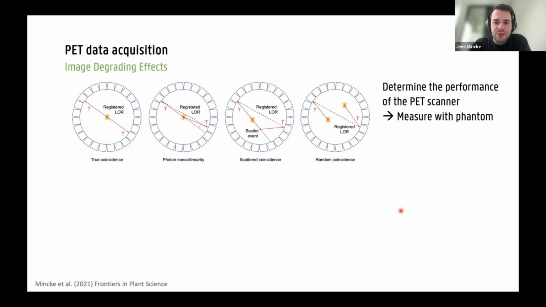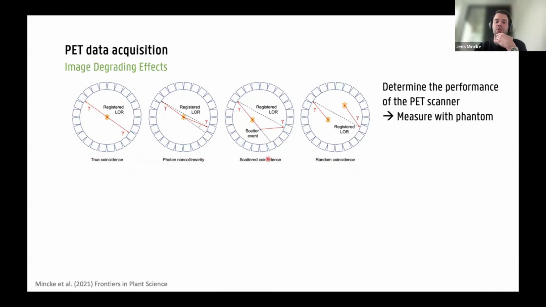Then other things to take into account are image degrading effects. In the ideal world, our tracer decays and 2 gamma rays are emitted that travel 180 degrees opposite to each other, which is called a true coincidence. But there are a number of image degrading effects like photon non-collinearity, scattered coincidence, and random coincidence, which all degrade your image.